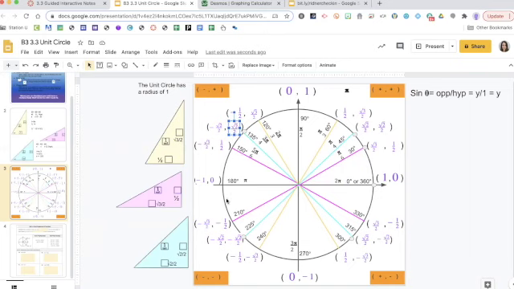What is sine of 3 pi over 2? Here's 3 pi over 2. Sine is the y value, which is -1. Okay. So does that make sense what I'm saying? So everywhere here, the y value is sine. So every y value is sine.